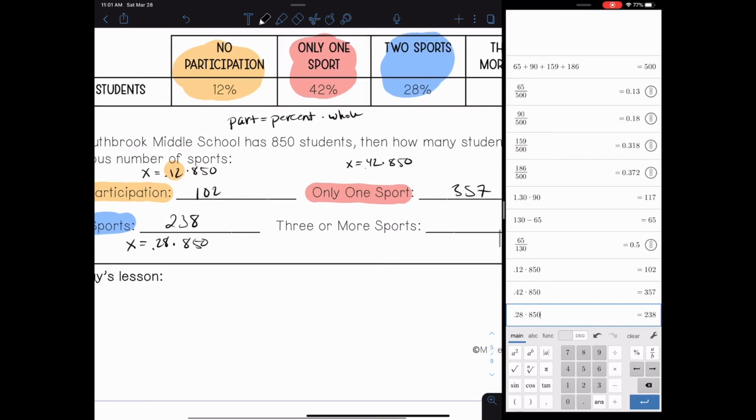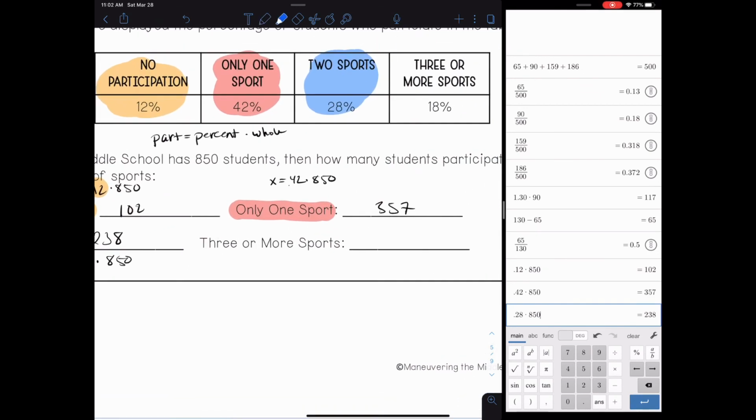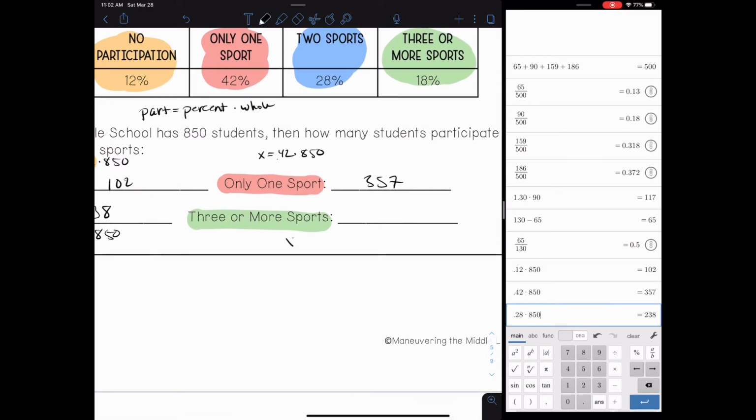And the last case, three or more sports. Right there. Okay, so we have part equals percent, 18%, so that's 0.18 multiplied by the whole. What's the whole? Well, it's out of 850 students.